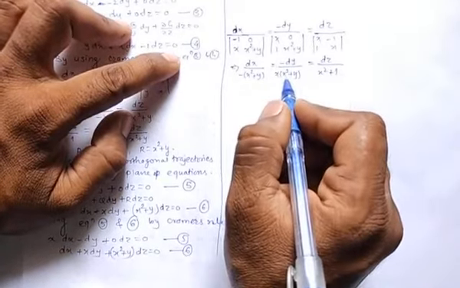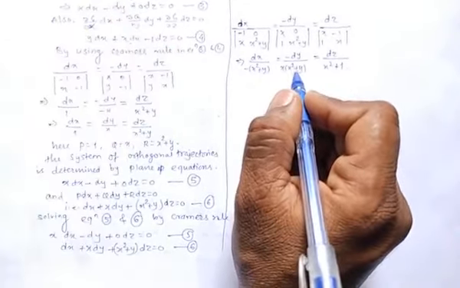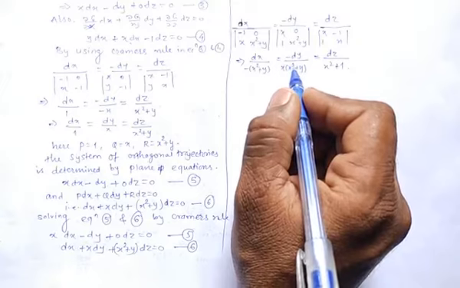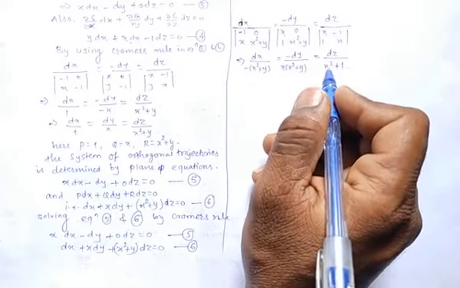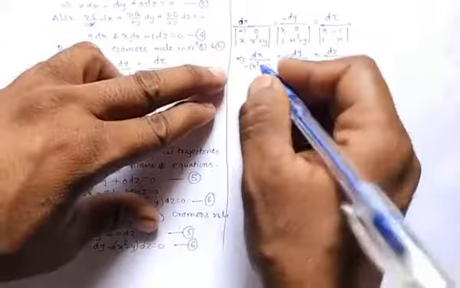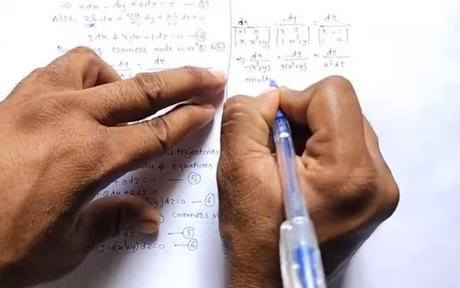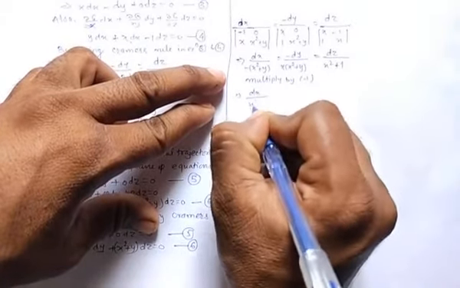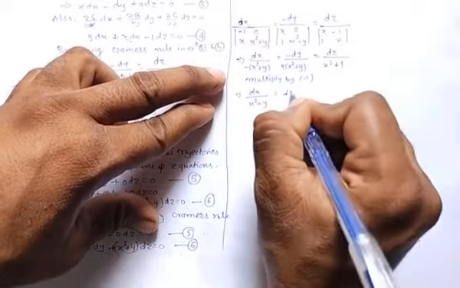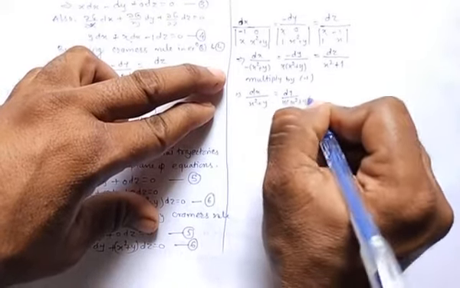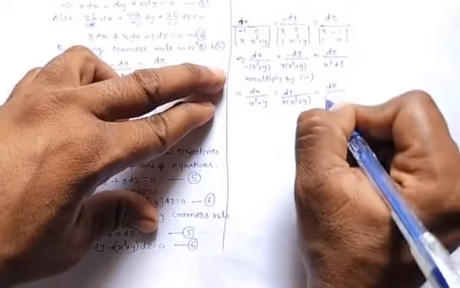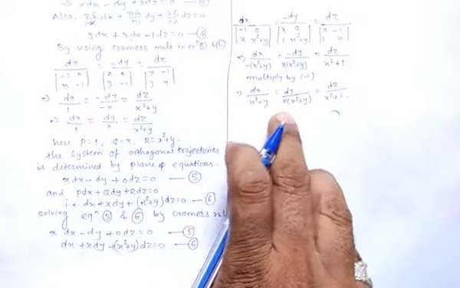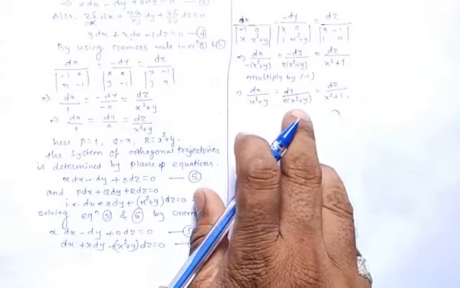Multiplying throughout by minus 1, we get dx upon (x square plus y) equal to dy upon x into (x square plus y), and last dz upon (x square plus 1). Solving this partial differential equation, we will get the orthogonal trajectories.